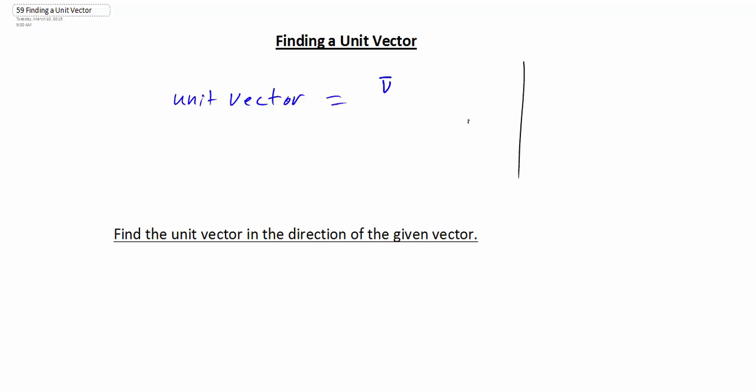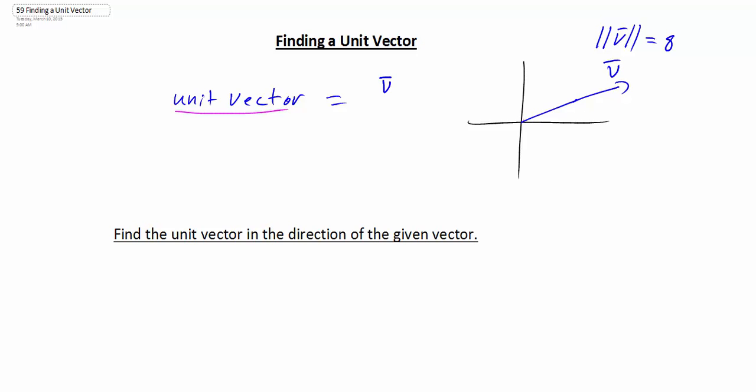For example, let me just make up a problem. Let's say this is our vector v, and it has some magnitude. Let's make up a value: the magnitude of this vector is 8. If we want to find this unit vector, we want it to have a magnitude of 1.